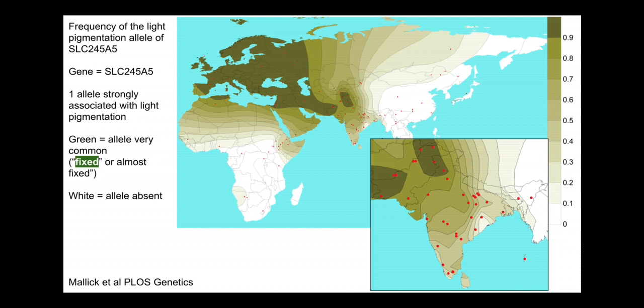It is interesting, though, that this allele is most strongly associated with skin pigmentation patterns in Africa, Europe, and Central Asia. In India, the allele disappears, and in China, Eastern China, and Eastern Russia, even though individuals are generally lightly skinned, the allele is entirely absent.